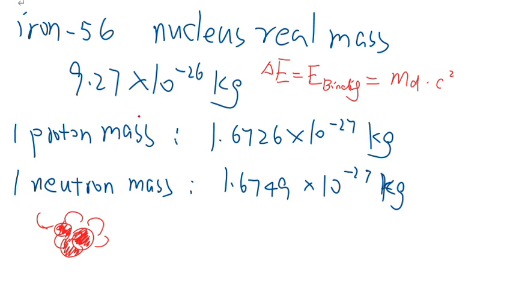And what we can do is calculate the mass deficit. How do we calculate the mass deficit? Say that we have this kind of reaction. Our reaction now is that we want to split this iron nucleus into its components, protons and neutrons. I want to split them up.